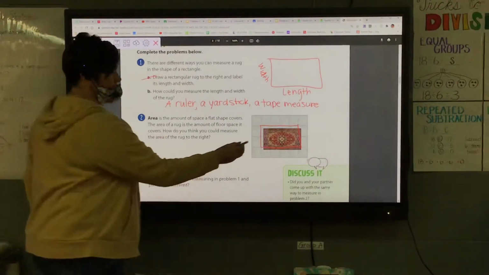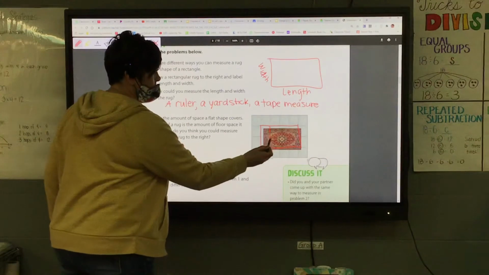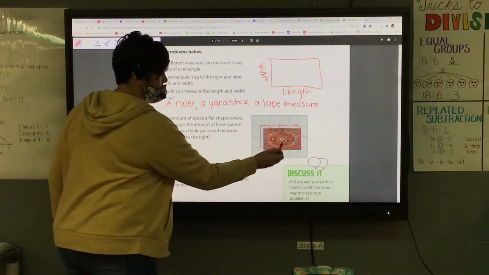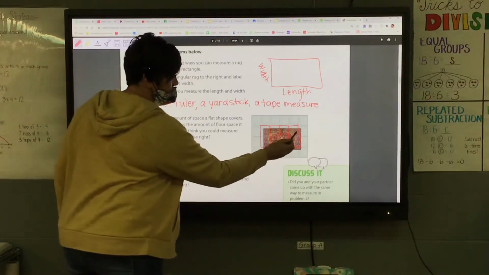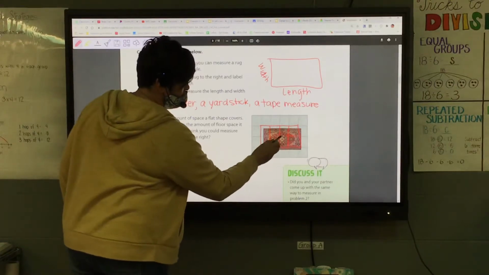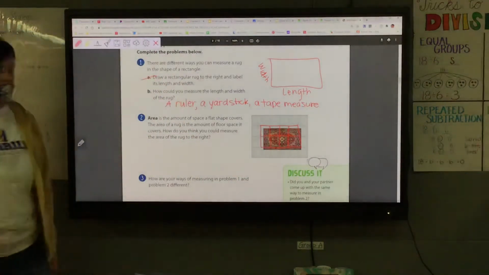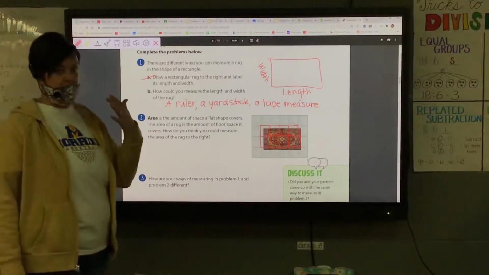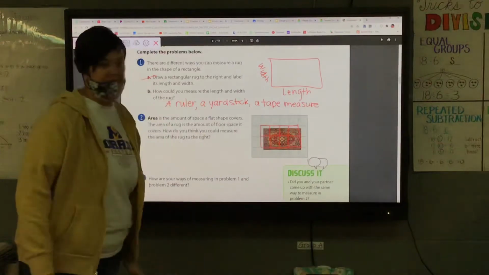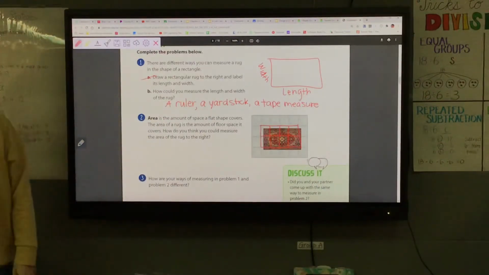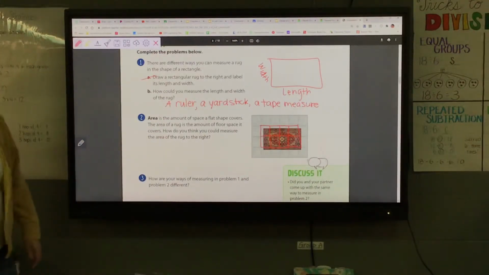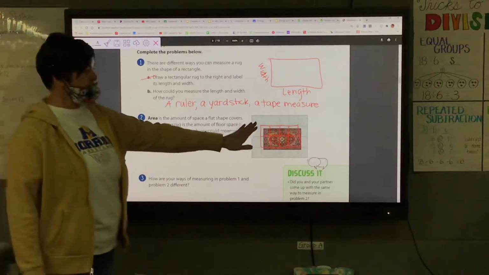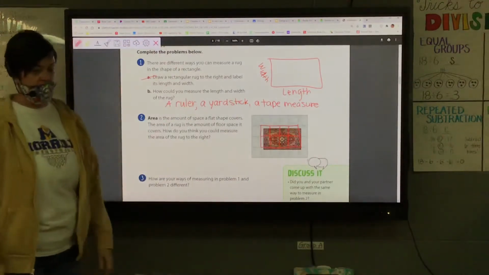So now, underneath this rug, how many tiles are there? We're having to do some visualization, aren't we? Because we can't actually see the lines underneath that rug, can we? Could we count how many tiles there are? Yeah.